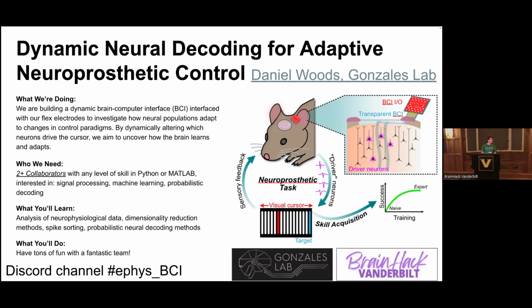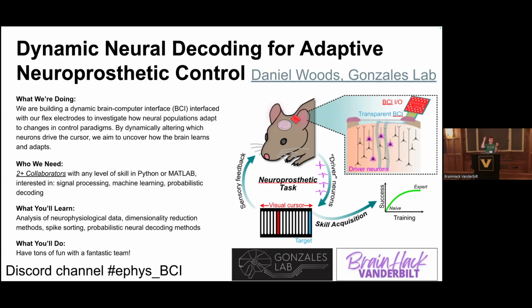What we now want to do is bridge that with some form of a decoder to find a behavioral effect, and that's found in adaptive learning behavior. You can imagine putting this probe in the mouse's brain and recording live over days, weeks, months, as we train the mouse on a basic cursor task.